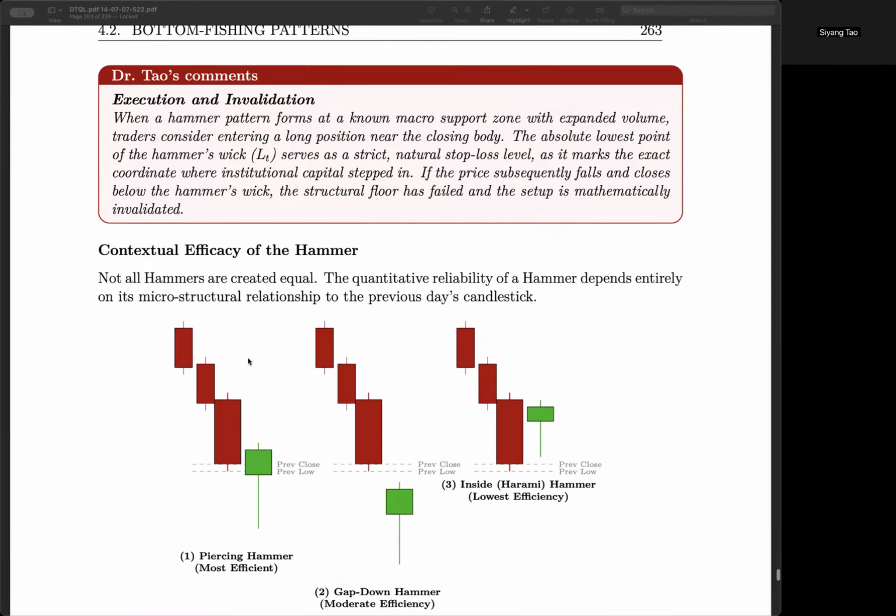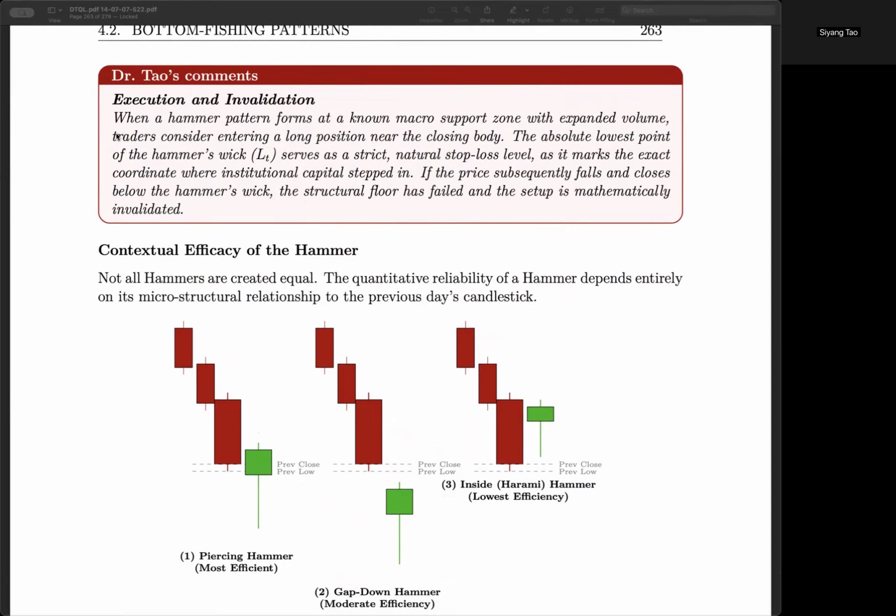So, how do we execute this? When a highly efficient hammer forms at a known macro support zone with expanded volume, we enter a long position near the close of the body. But we must strictly define our risk.